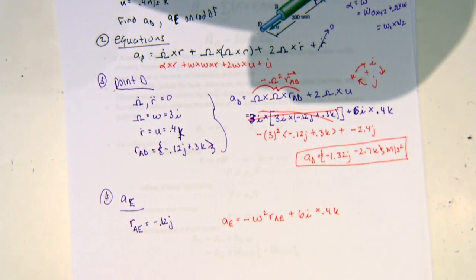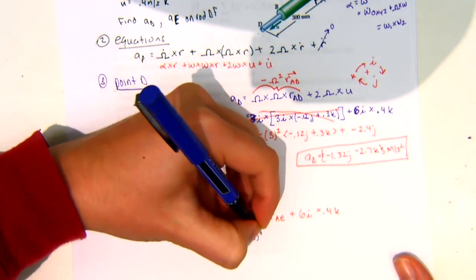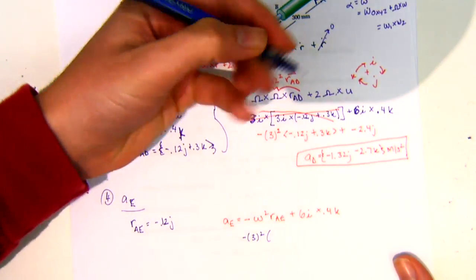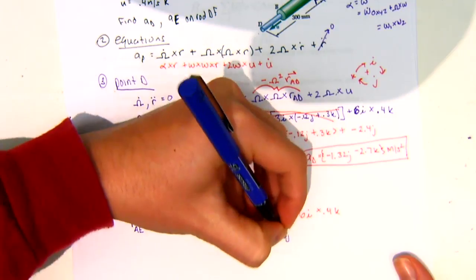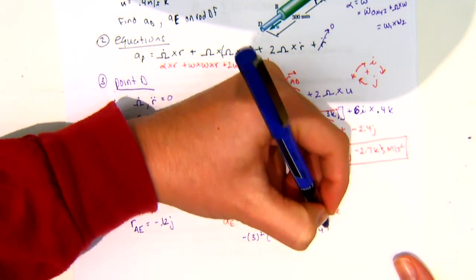So like I said, same exact process. Our R value is the only change. So we have negative 3 squared times negative 0.12J, and then that is minus 2.4J.